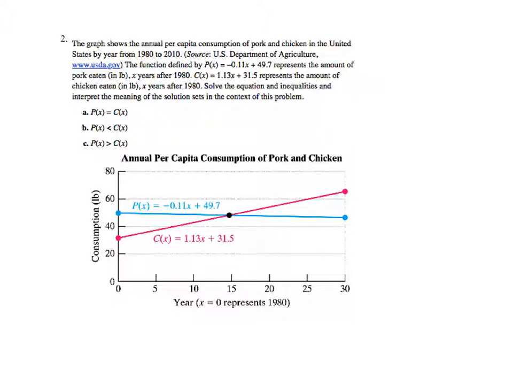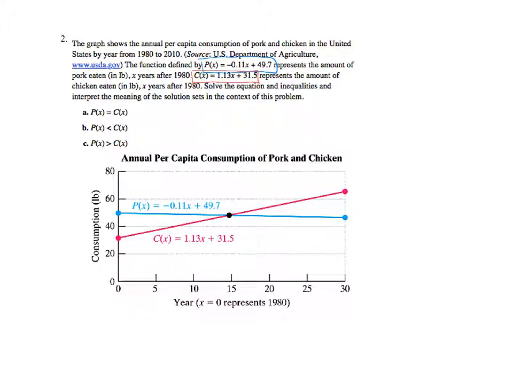So let's look at an application here. The graph shows the annual per capita consumption of pork and chicken in the United States from 1980 to 2010. So if we have the amount of pork eaten, there's our blue line, there's our function for the amount of pork, and now we've got a function for the amount of chicken.